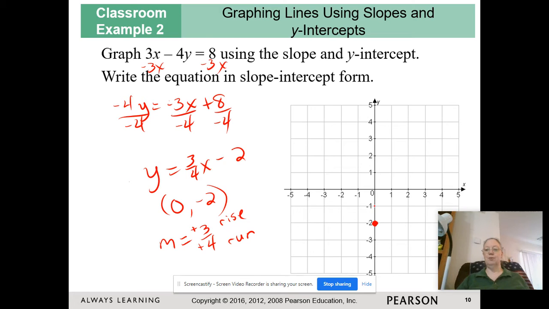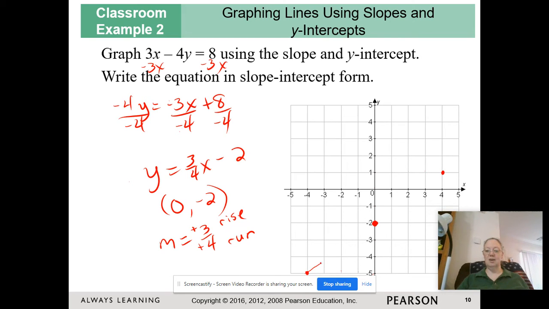We're going to go up 3, 1, 2, 3, to the right 4, 1, 2, 3, 4. By the way, I wouldn't expect you to, but I'm just showing you, had we kept this as -3 over -4, I could go down 3, 1, 2, 3, and to the left 4, 1, 2, 3, 4.